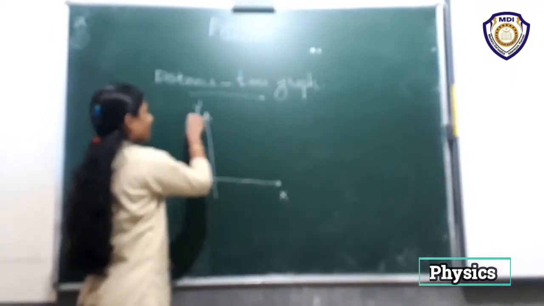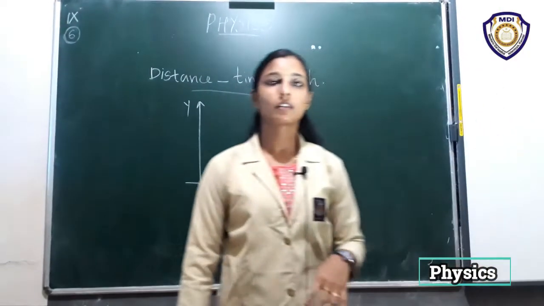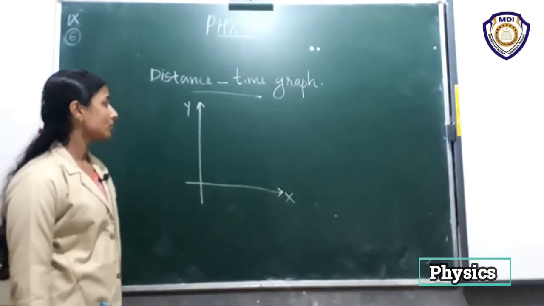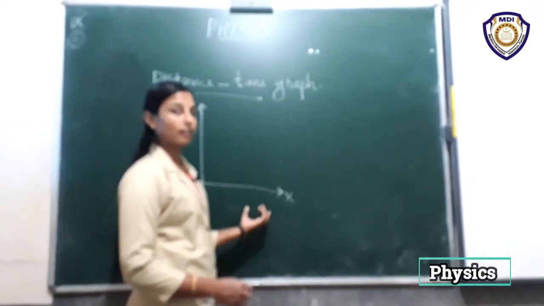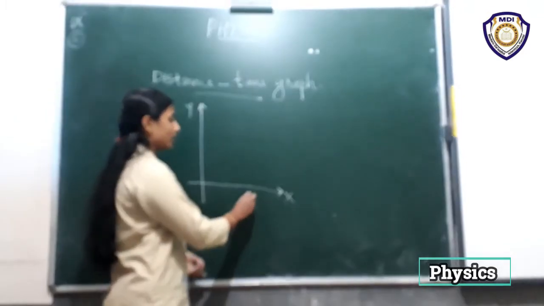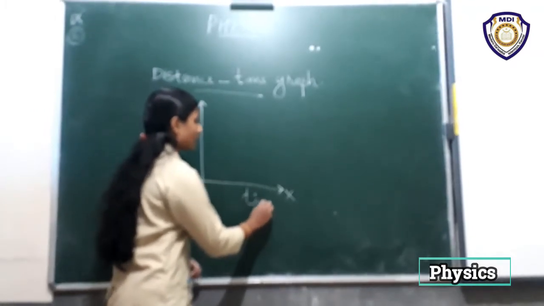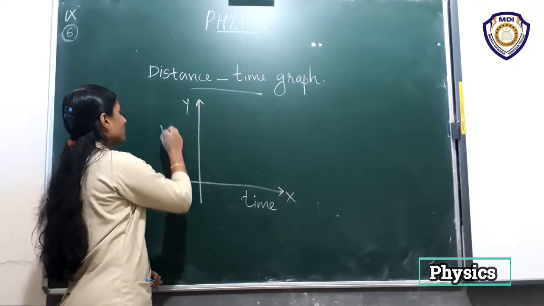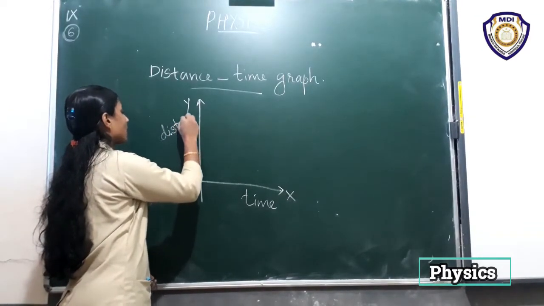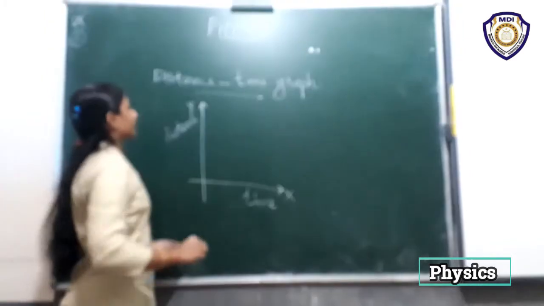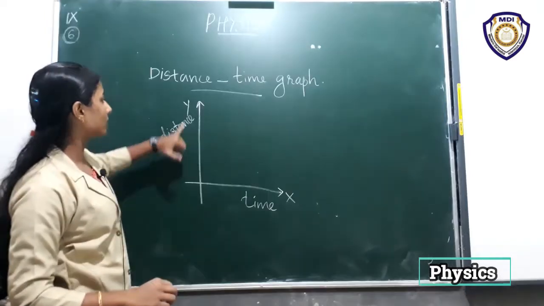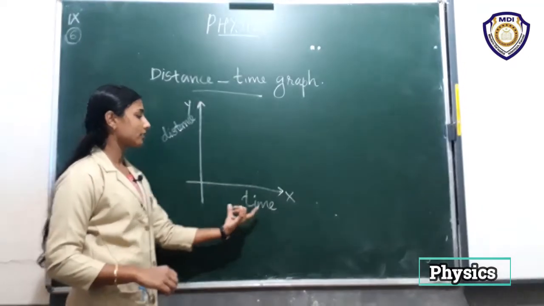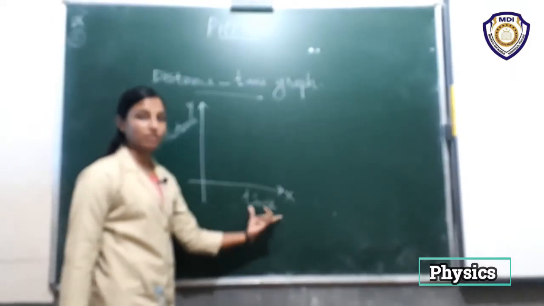This is the x-axis and this is the y-axis, where the distance is measured, and on the x-axis time is measured, right?